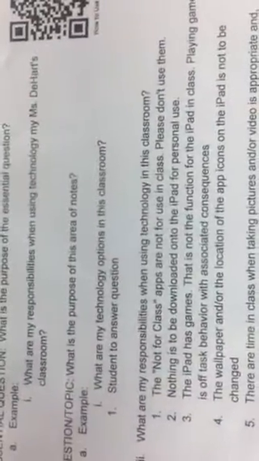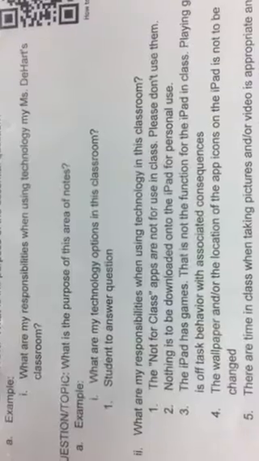Solid answer, done. Next question. What are my responsibilities when using technology in the classroom? Okay, and so I'm just going to say tech responsibilities. Okay, as a statement, so I don't need a question mark.